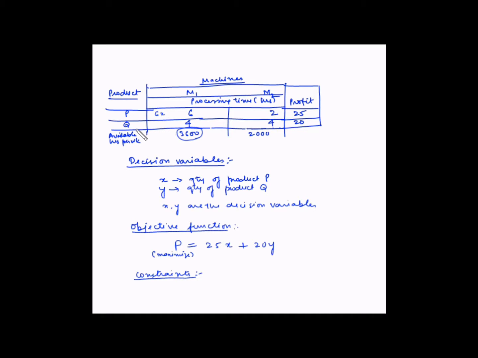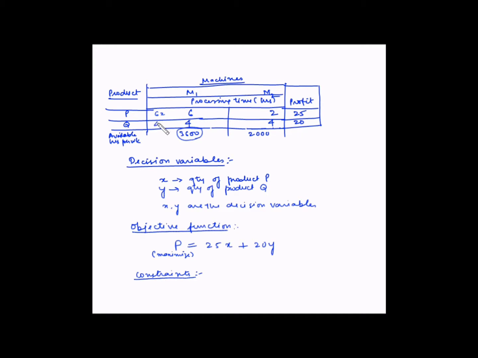Similarly, 1 unit of product Q needs 4 hours of processing on machine M1, and we have assumed a quantity of Y to be manufactured for product Q. So if 1 unit takes 4 hours, Y units will take 4 multiplied by Y hours.